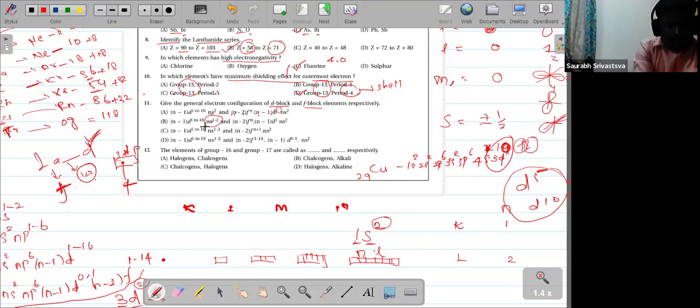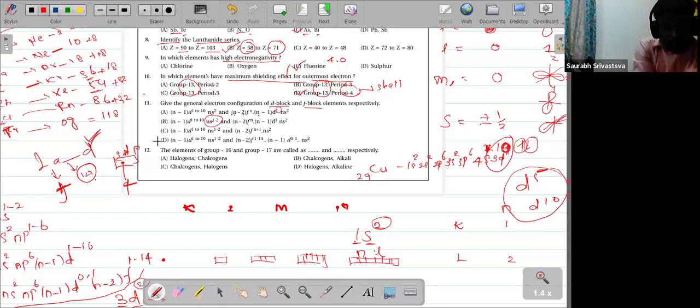Because of that reason, here they given (n-1)d1 to 10, ns 1 or 2, either 1 or 2. Next options: (n-1)f, (n-1)d, (n-2)f, and so on.